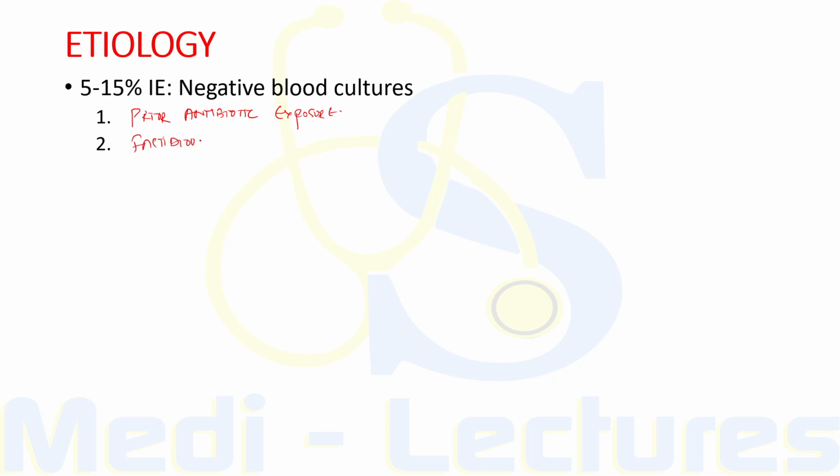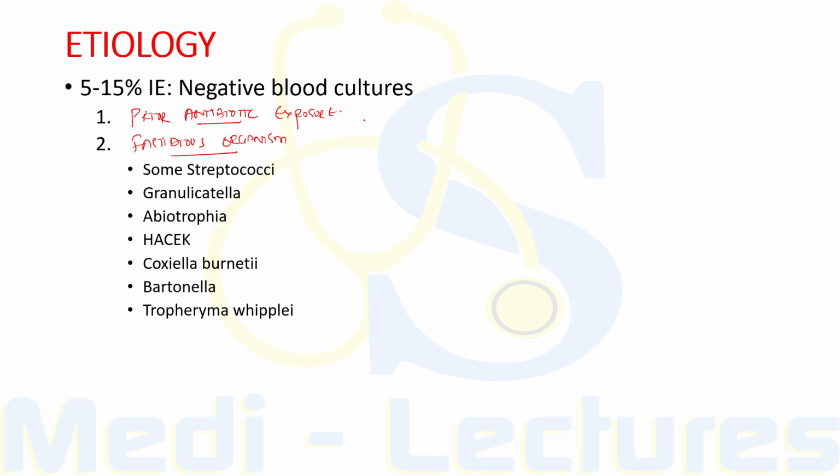Fastidious organism means organisms that do not grow in routine culture. So what are the examples of these fastidious organisms? These include some species of Streptococcus, Granulicatella, Abiotrophia, HACEK group of organisms, Coxiella burnetii, Bartonella, and Tropheryma whipplei.